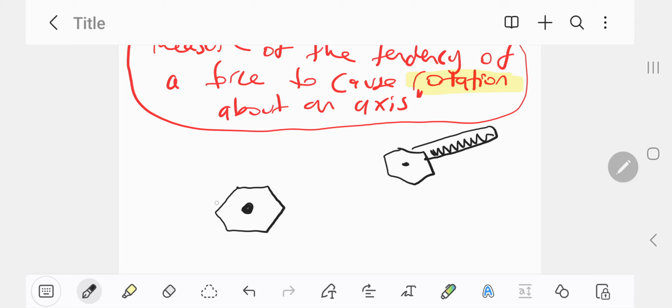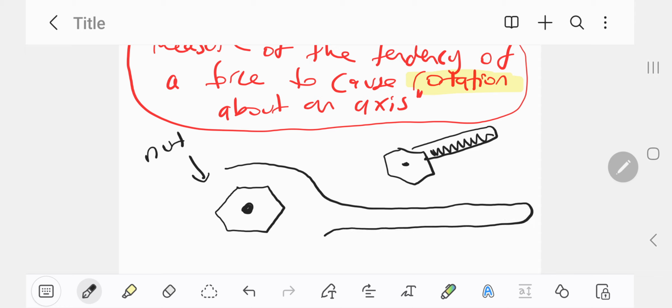I'll draw it side on. So here's a nut. And a spanner is basically a tool that turns these nuts and bolts. So it looks like this. Excuse my drawing, it's not really good, but I'll do the best I can. I'm sure you've seen a spanner.